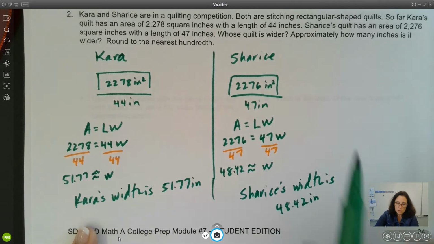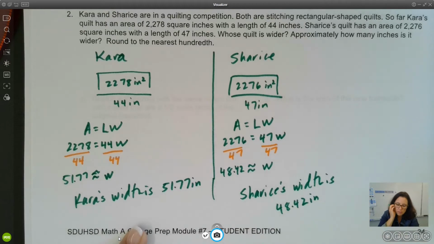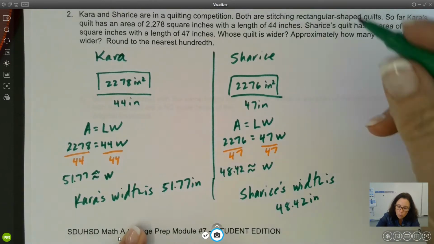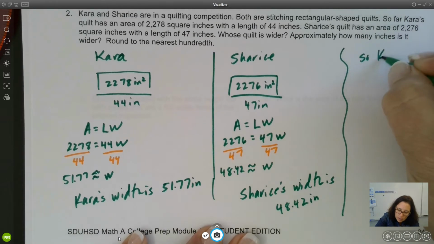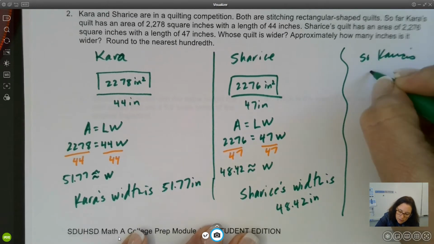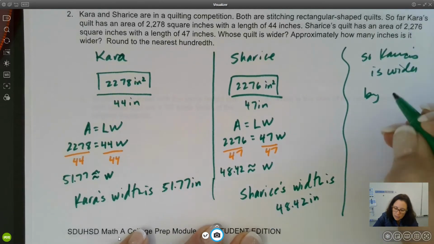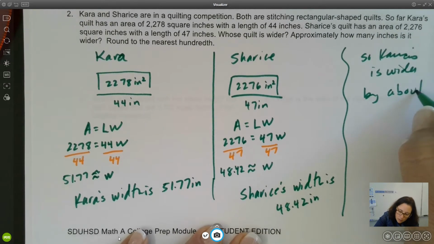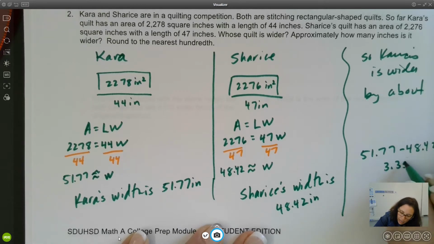That answers the first question. Whose quilt is wider? Kara's is wider. And then we need to subtract these to get approximately how many inches it is wider. Okay, so Kara's is wider by about 51.77 minus 48.42, which gets us 3.35.